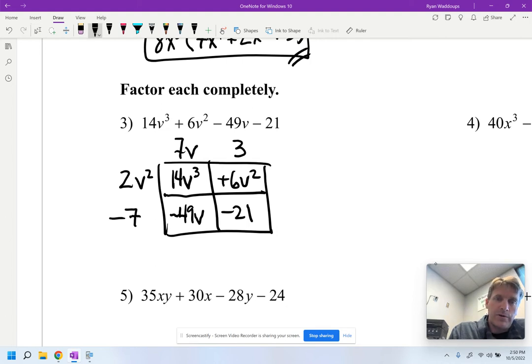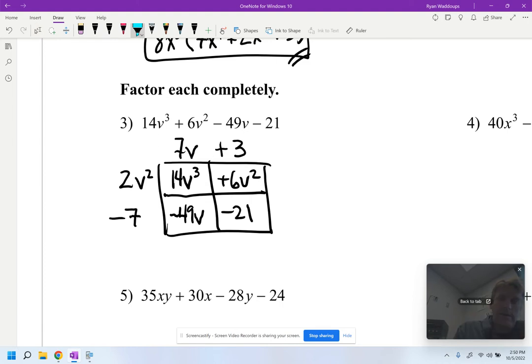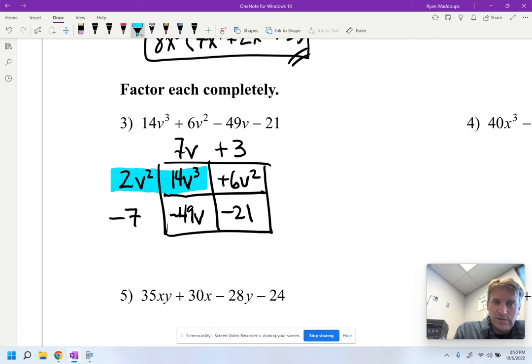I am going to put plus, and then I'm going to go through and check. 7v times 2v: 7 times 2 is 14, and v times v squared is v cubed. So that is fine.